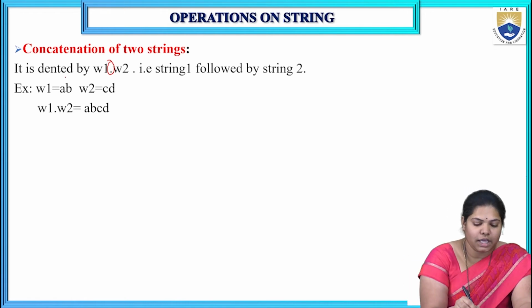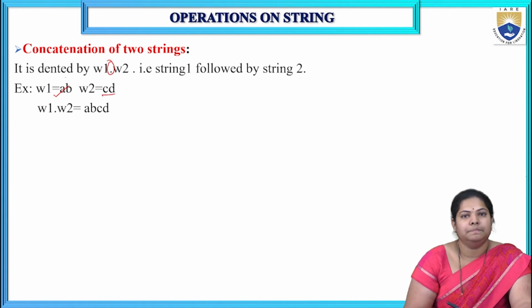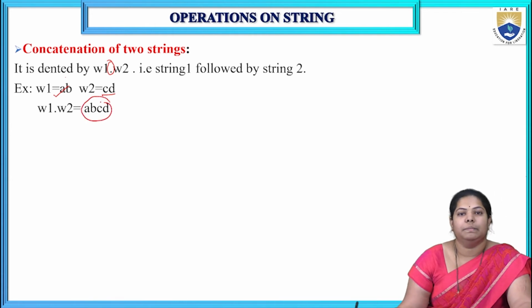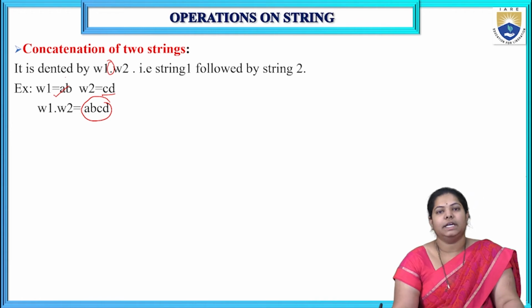Here I have taken the string W1 as AB and W2 as CD. When I perform the concatenation between these two strings, I get the resultant string ABCD. Okay, so these are the operations on strings.